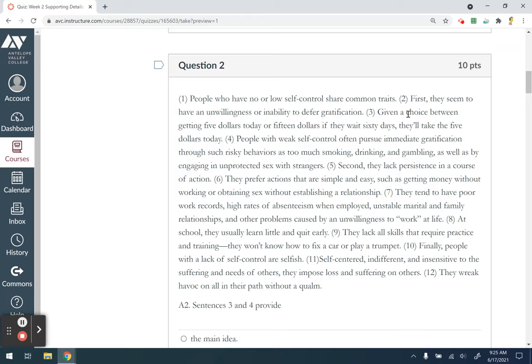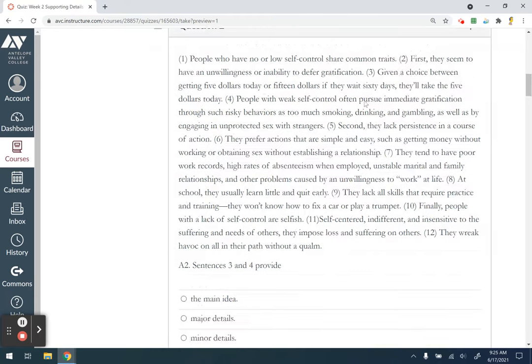Sentence 3, given a choice between $5 or $15, gives statistics, and then people often seek immediate gratification. So 3 and 4 support this major detail because there are no signal words, and they are giving us examples. Examples are another form of minor detail, so sentences 3 and 4 are minor details.